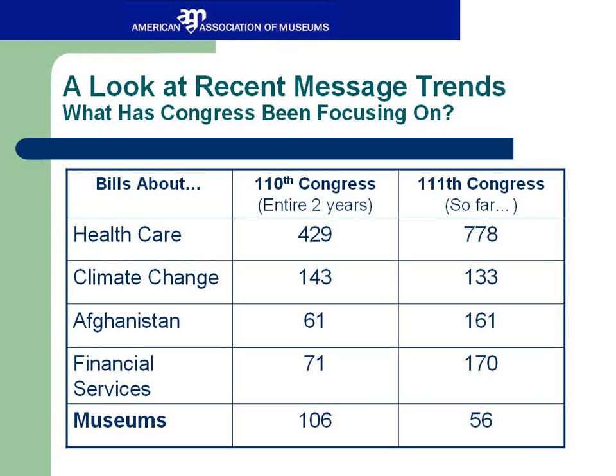I looked up bills about some key issues we've been hearing about. I don't know if you've heard, but we're apparently doing some work on health care. In the last 2 years, the entire 110th Congress, there were 429 bills introduced. So far in this Congress, which has only been 1 year, there have been 778 bills. That gives you a sense that health care is obviously a big issue.